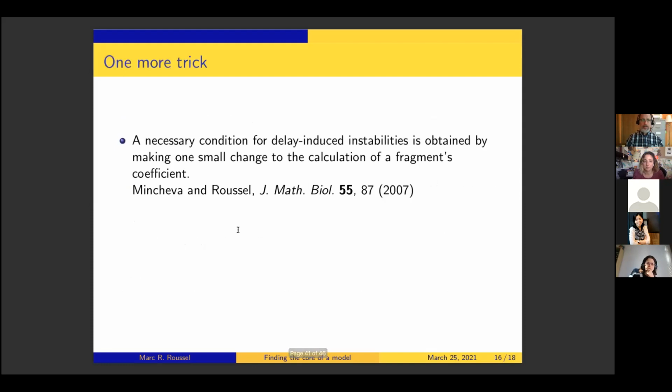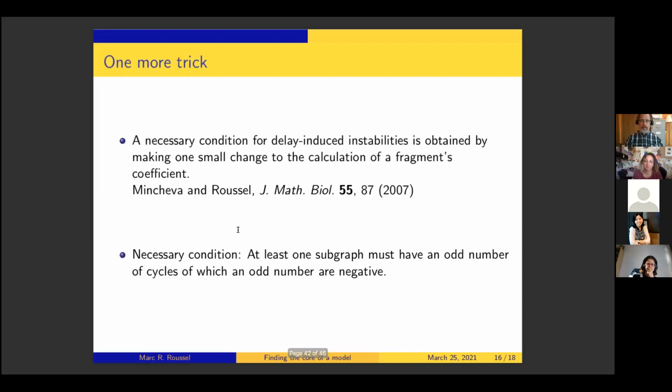All right. So one more trick I'll just mention really briefly. If you make one small change to the way we calculate that K coefficient of a fragment, you can get a condition for delay-induced instabilities that looks very similar to what you get for differential equations without delays.